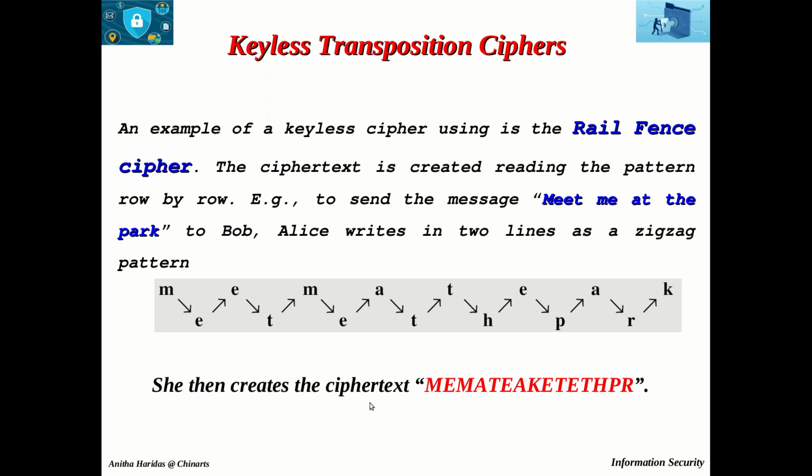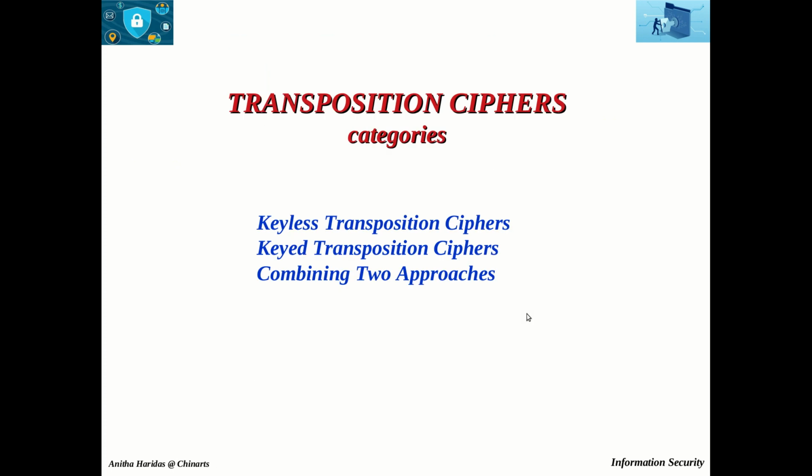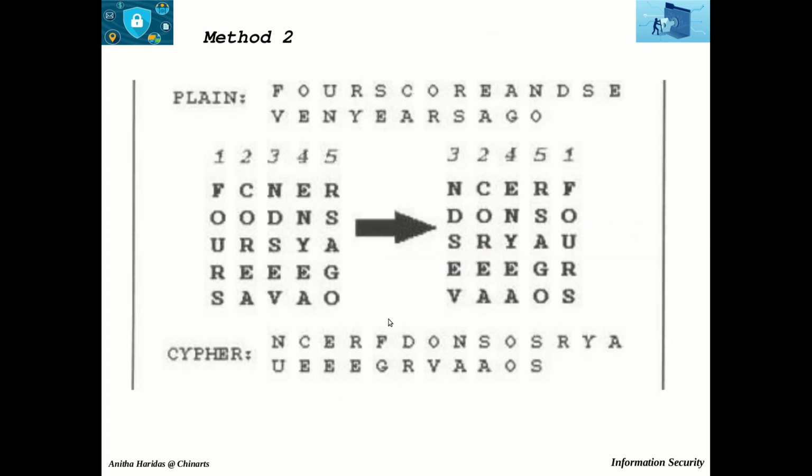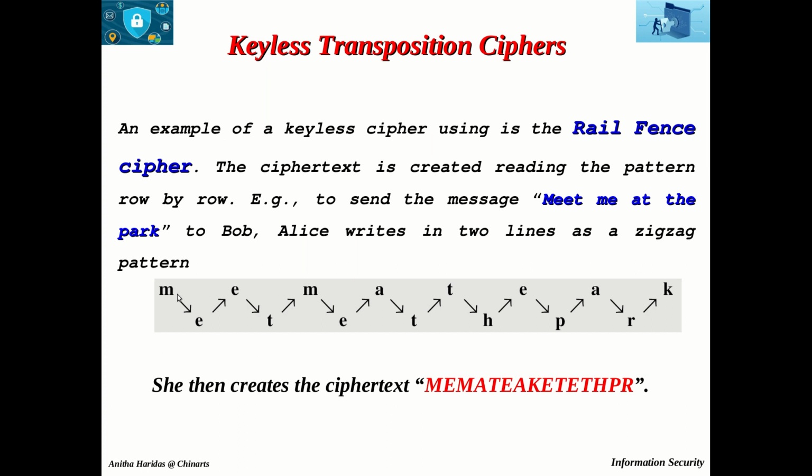Then she is going to create the ciphertext. How is she going to create the ciphertext? She will be writing row by row. She is going to write the first row, then the second row. So MEMATE. So write it row by row, first row, second row, first row, second.